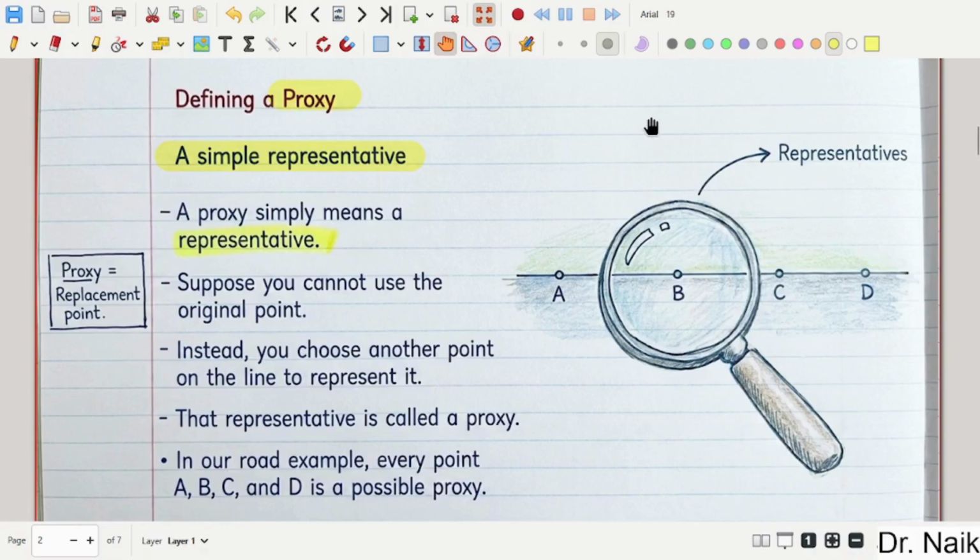In our road example, instead of using point P, if we use points on the road to represent our original point P, then the points on the road can be called possible proxies. So A can be called a possible proxy, B can be called a possible proxy, C can be called a possible proxy, D can be called a possible proxy. So proxy means replacement point.